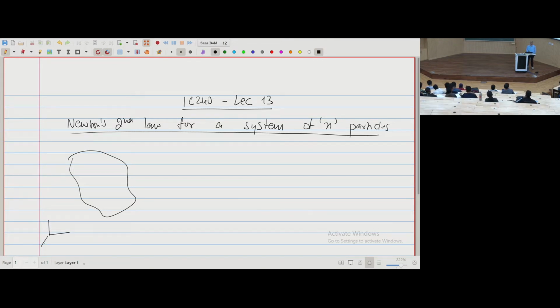Is there a way I can write it in a compact form? Let's say we have an imaginary boundary that contains the n particles.